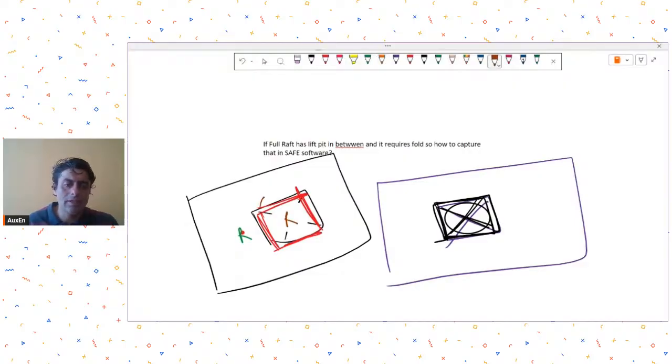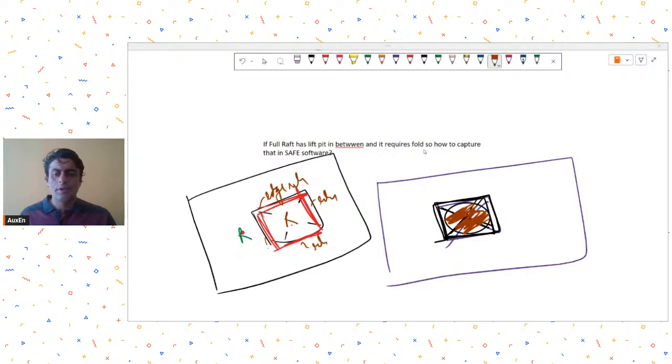So assign edge releases on all the edges. So these are the two things you could do: either remove this lift pit slab from your model, or if you want to keep it in the model, assign slab edge releases. Okay. Yeah. So anything else?